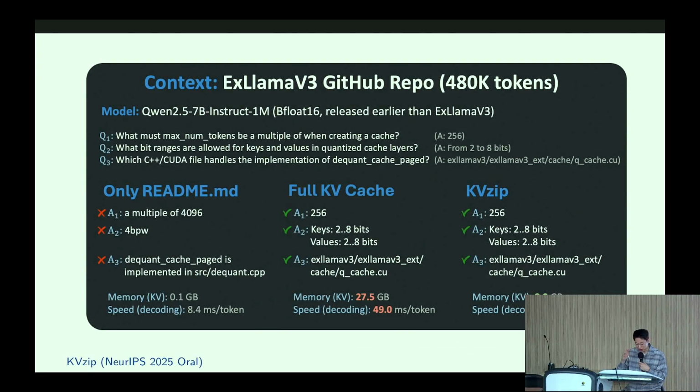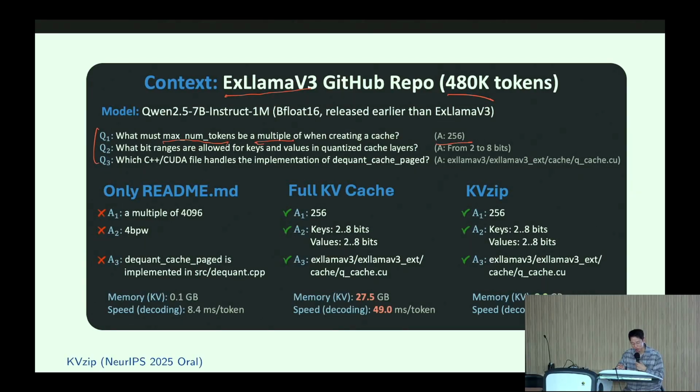Just to give you an illustrative example, we went to the XLlama v3 GitHub repository. It has about 500,000 tokens. And we came up with certain questions that you really need to understand to answer correctly. For example, what is the maximum tokens to be a multiple of when creating a cache?